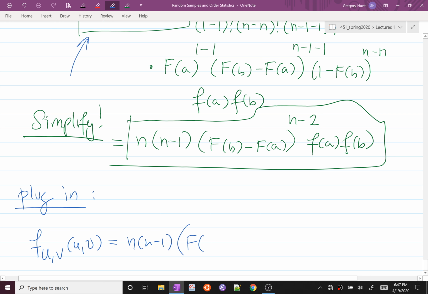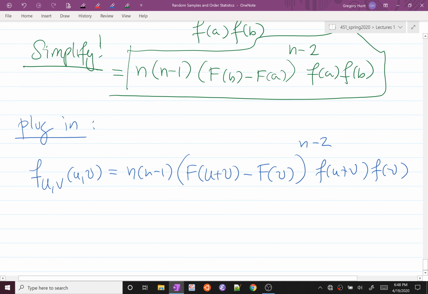This is f of u plus v minus f of v to the n minus 2, f of u plus v, f of v.